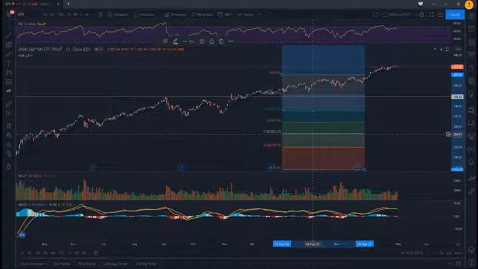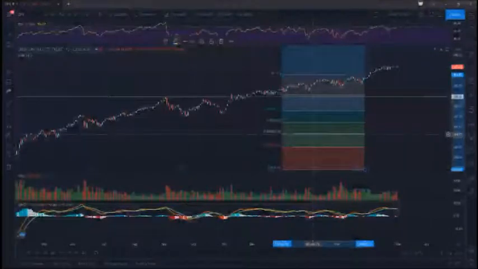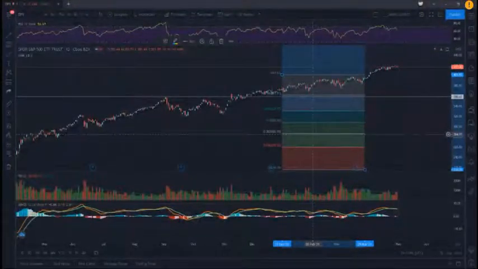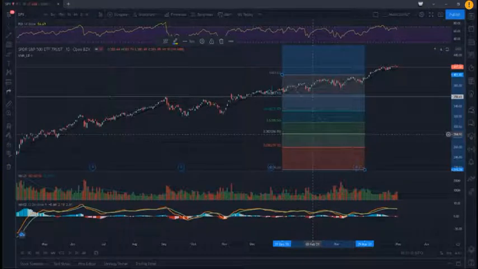You will probably find geometrical patterns that Fibonacci helps you with, such as flags, whether a bull flag or a bear flag, or perhaps a very small bear pennant or bull pennant, around this 38% retracement area with a few days of consolidation. Then they will try to get out of this area back to the 23%, trying to break the trend, and off we go again to the upside or the downside.